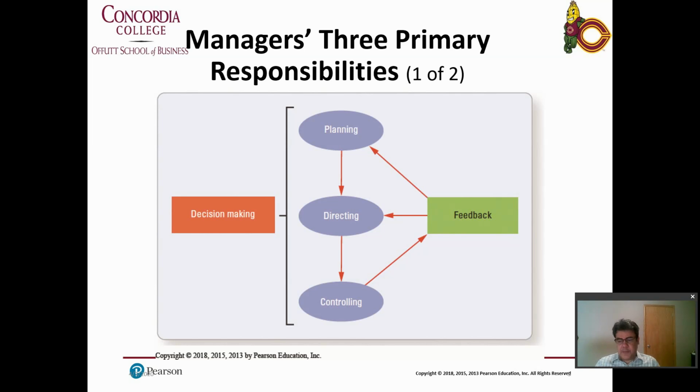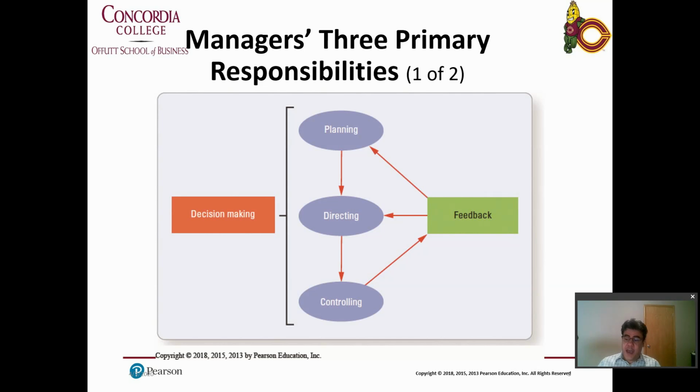So, for instance, my planning is to have sales revenue of 100, and then working with our marketing and sales force, we got 95. And then we will control it. Wow, 95. Our planning was 100.